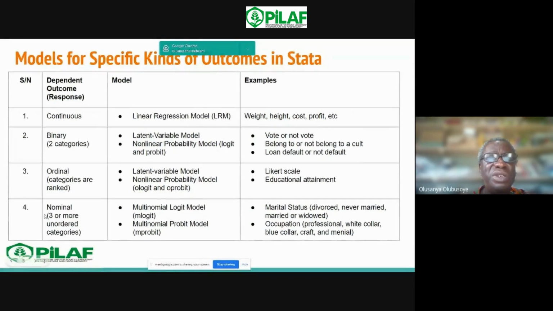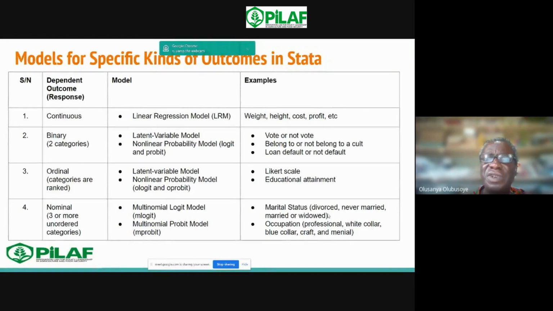The fourth one is the nominal, where instead of two categories, you now have three or more categories. But those categories are not ranked; they are unordered. For example, marital status, which could be divorced, never married, married, widow. Occupation, which could be professional, white collar, blue collar, craft, and many more. There are more than two levels.